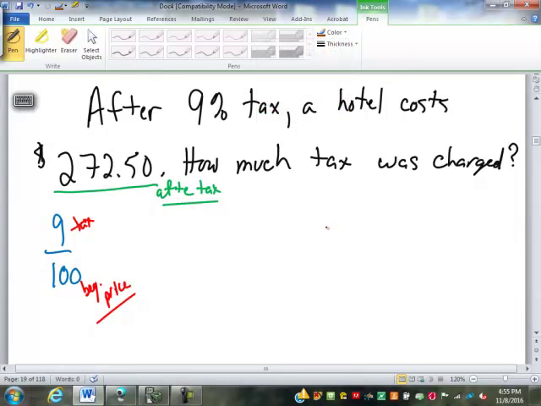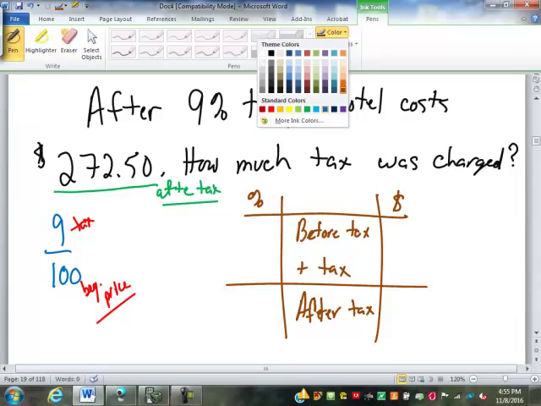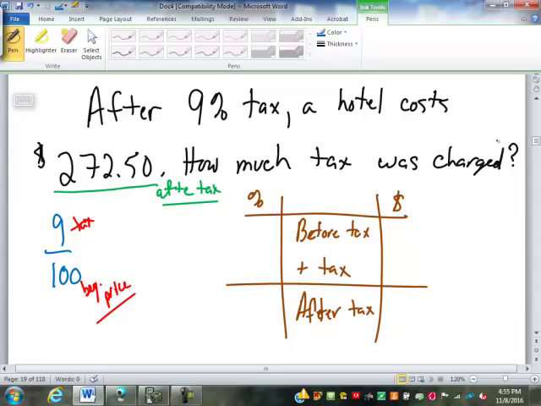So if we look at this as price before tax plus tax gives us the price after tax. And again, each of those is described by two numbers. The $272.50 is the price after tax. Then we have the 9%, which represents the tax.